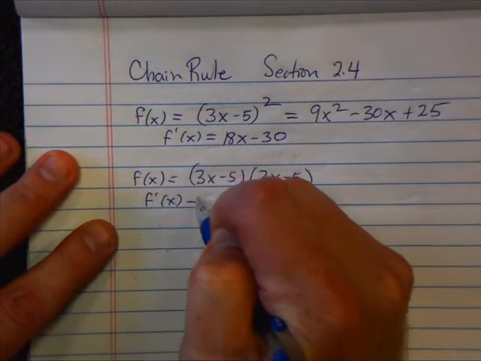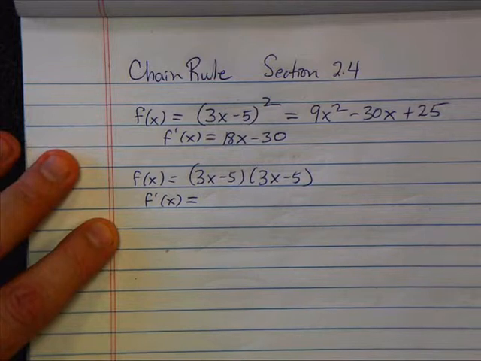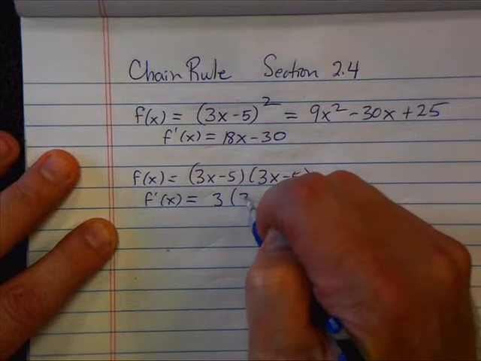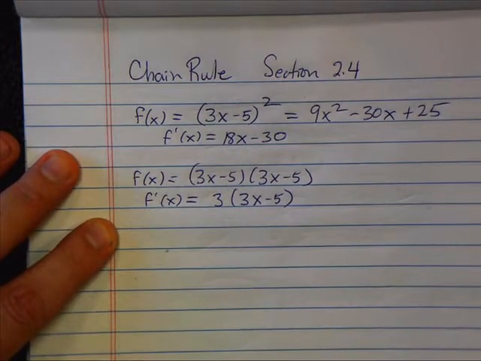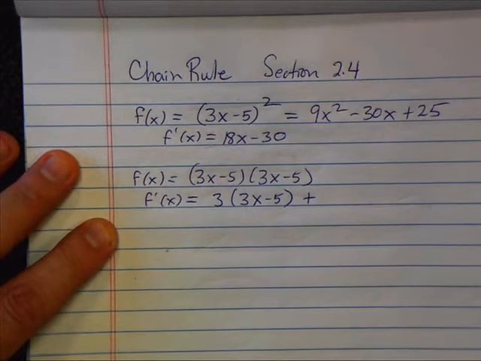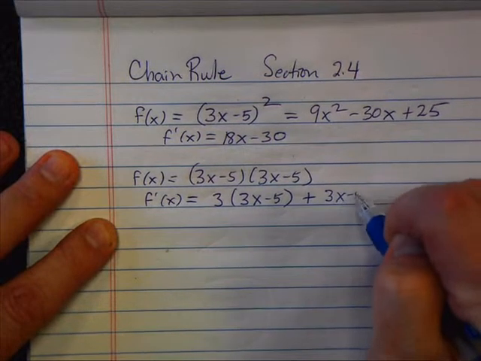All right, you've got to remind me how the product rule works. I find the derivative of one and leave the other one alone. Okay, I'm going to find the derivative of the first one, that's 3. And then I'm going to leave the second one alone, 3x minus 5. And then add. And then you switch the order, right? So this time I leave the first one alone, that's 3x minus 5.